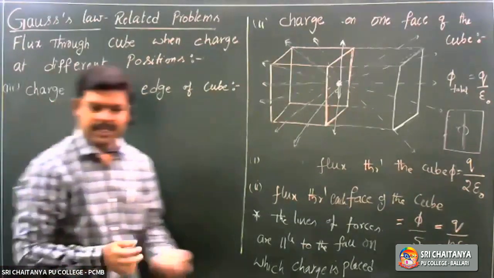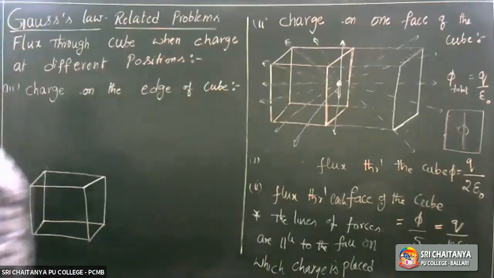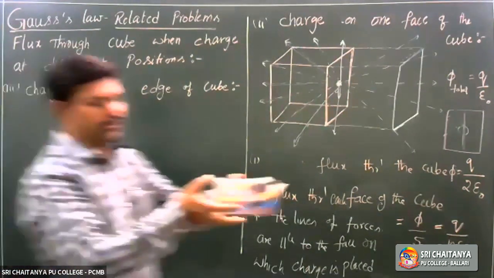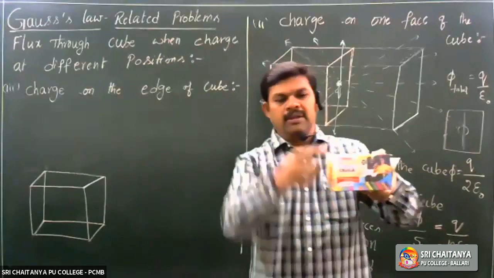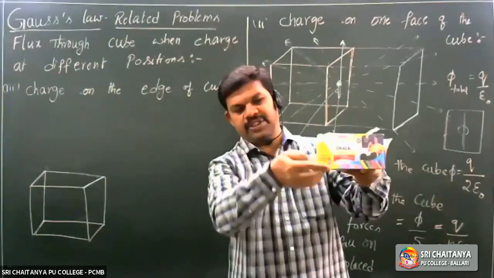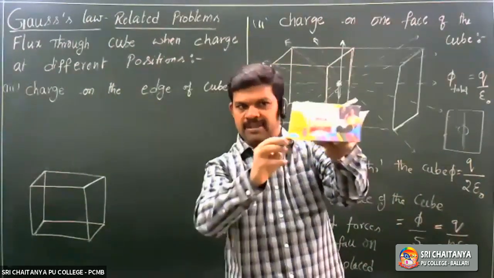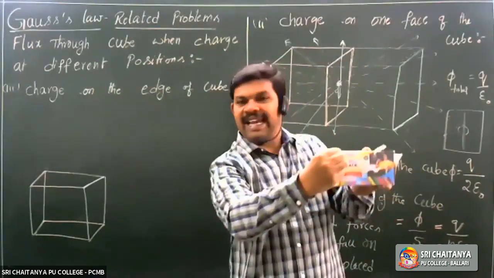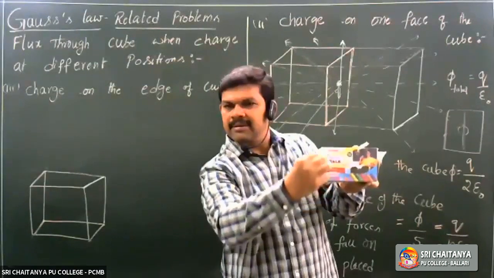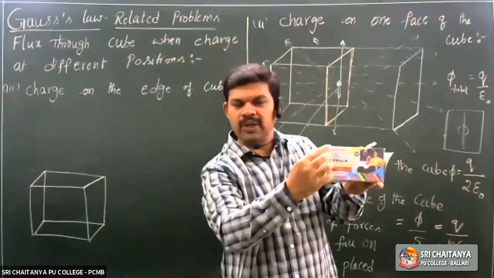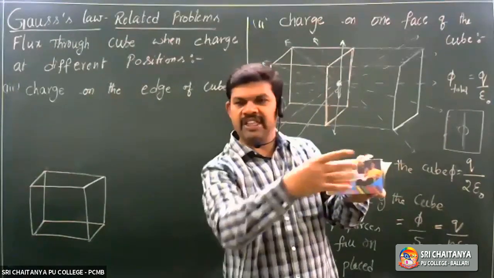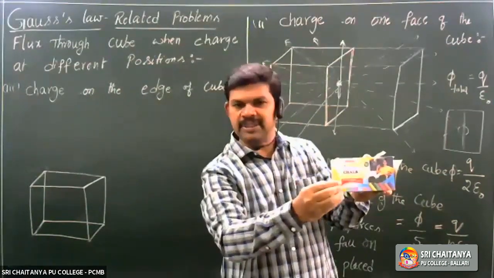See, if you imagine a box, if you think this is a room, this is edge, this is edge, this is edge, this is edge, like that is the line which is joining the faces. You call it an edge. That is the imaginary line joining the faces. You call it an edge, right?